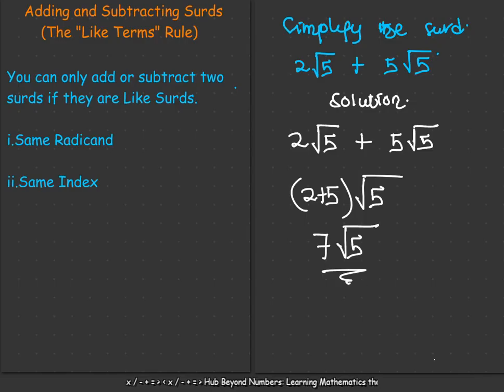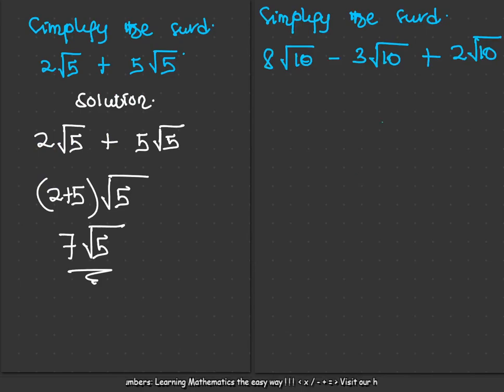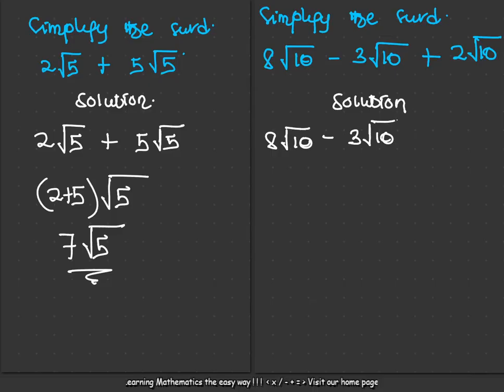So you see how easy adding and subtracting surds is. Let's take a few more examples. If we take a look at this one over here as well, it is also very straightforward. You can even pause and let me know the answer in the comment section. We have 8 root 10 minus 3 root 10, then plus 2 root 10. What do we do?